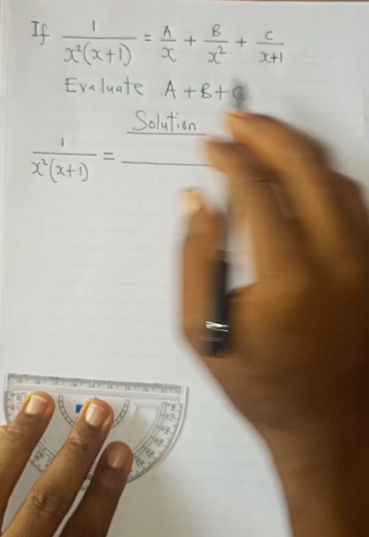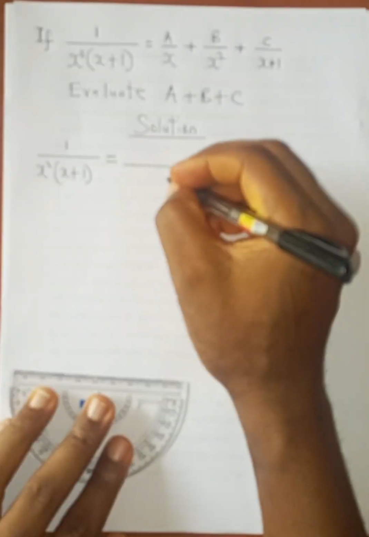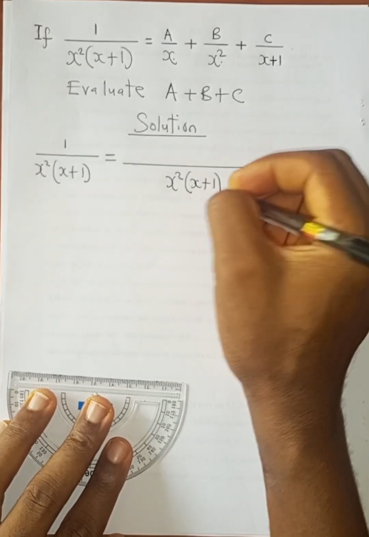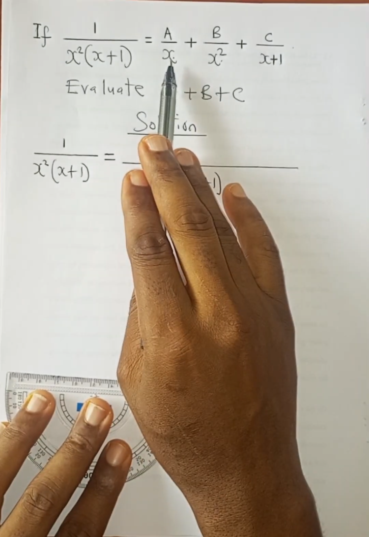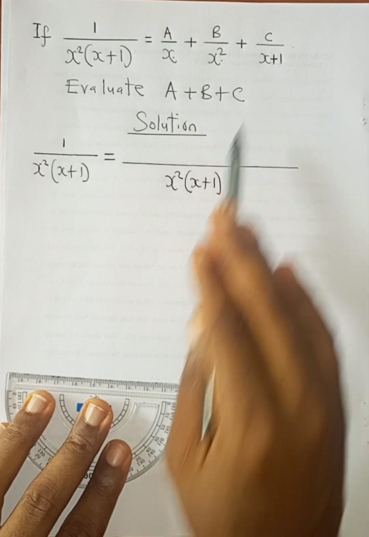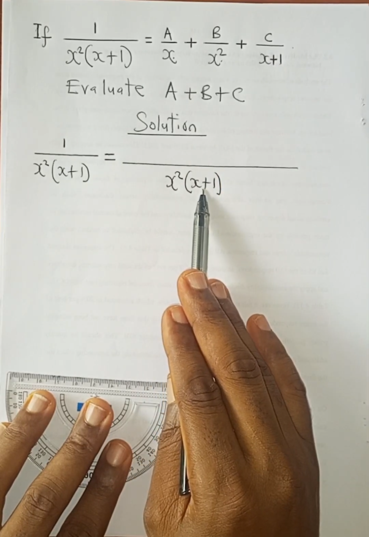The LCM will give us s squared bracket s plus 1. The reason is because the LCM of s and s squared is s squared. The LCM of s squared and s plus 1 will give us s squared times s plus 1.